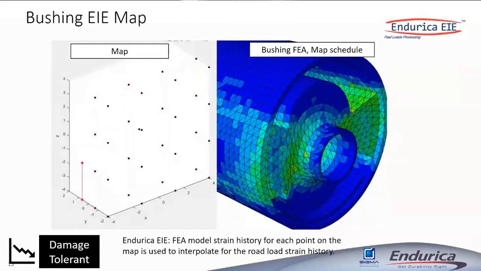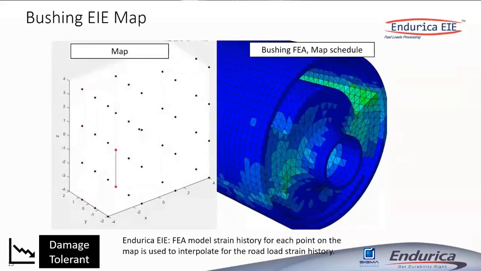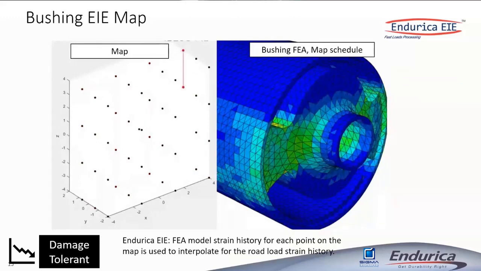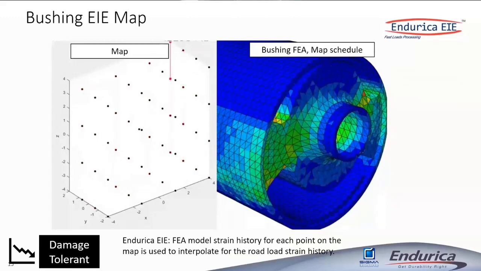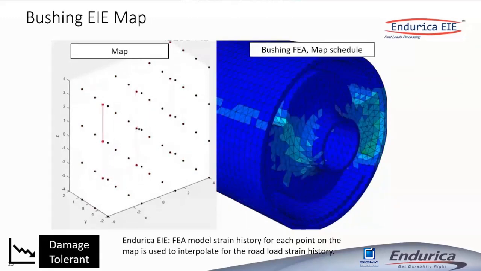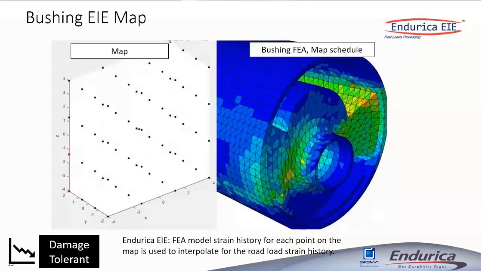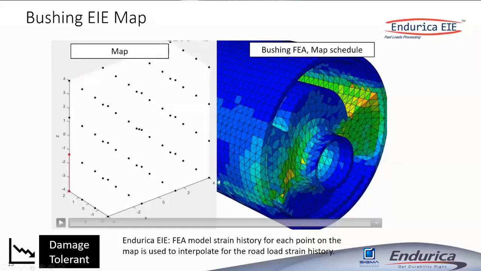So basically, we're scanning through every possible load state that the part might take as it runs through its road load signal. And once we've pre-computed that map, now we're ready to do the analysis of the road load.